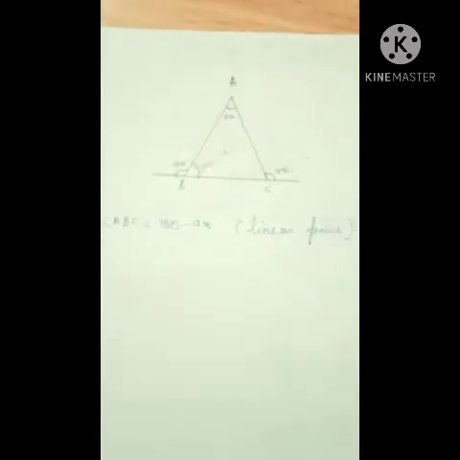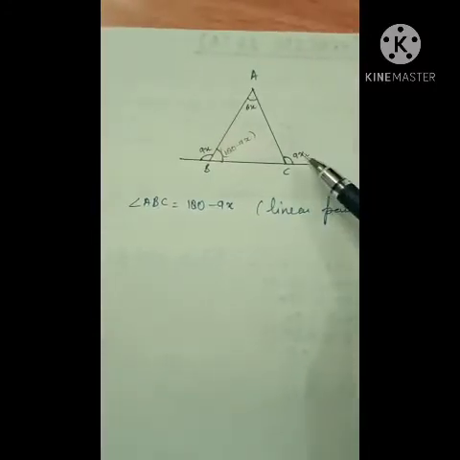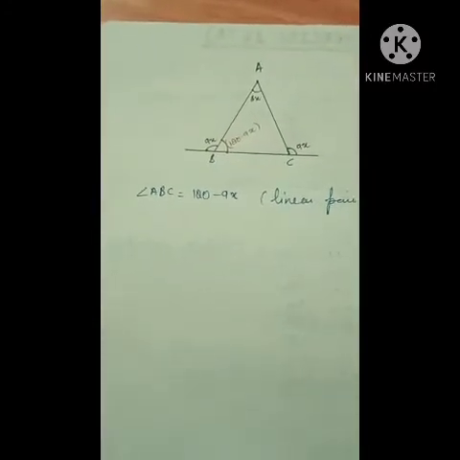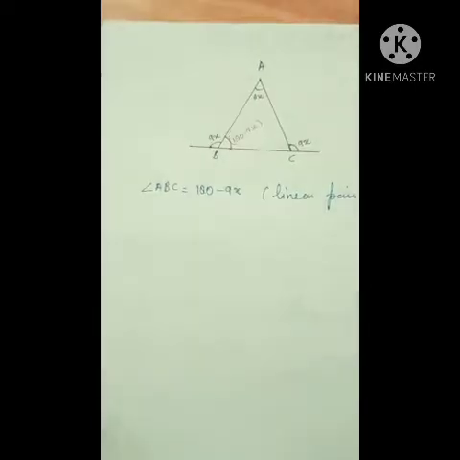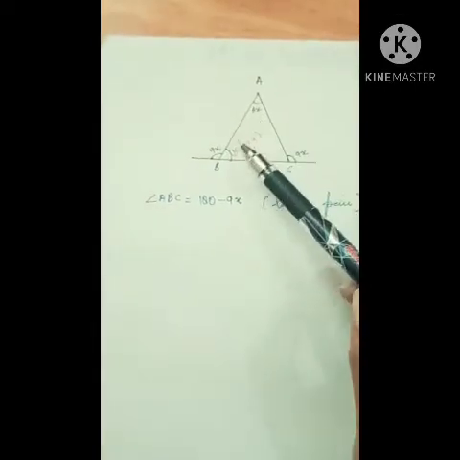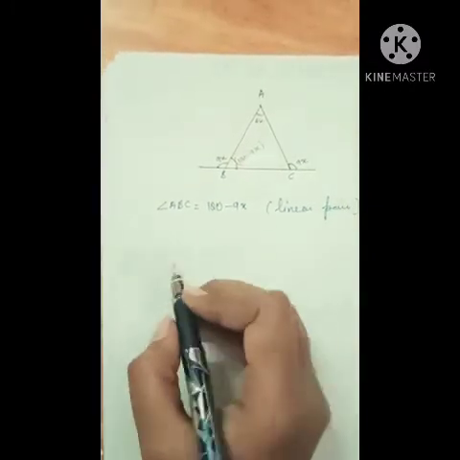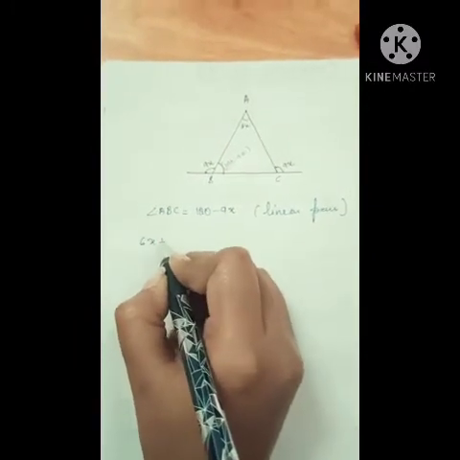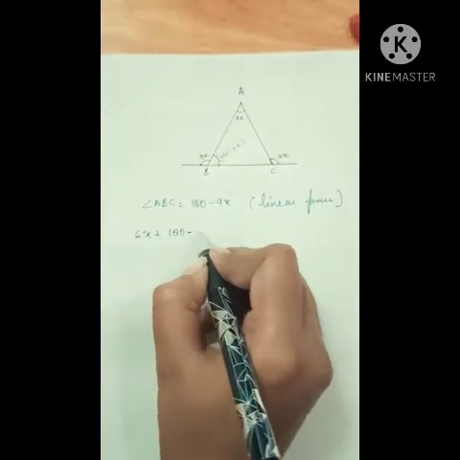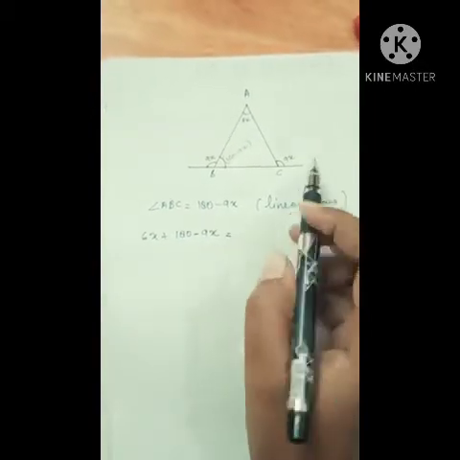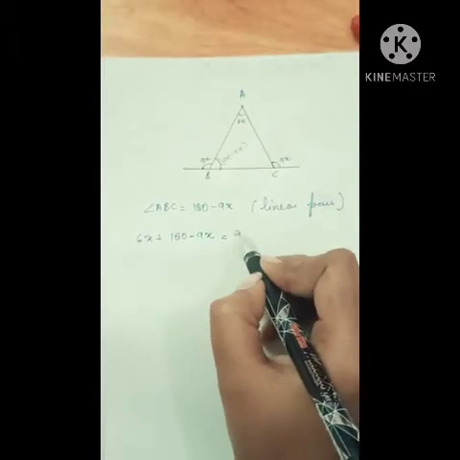So what we can do here, we use which property? Exterior angle property. So the sum of these two angles is equal to this one. So 6x plus 180 minus 9x is equal to 9x.